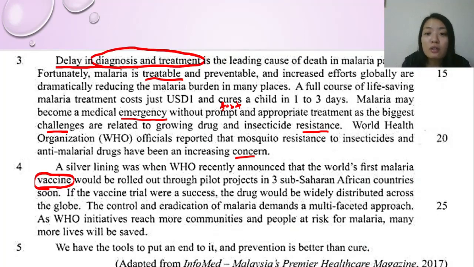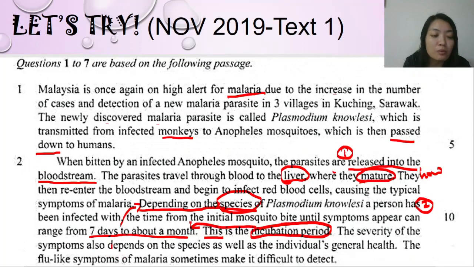So the keyword is actually over here, flu-like symptoms. You have the same one from the question. So it's probably over here. So do malaria and flu have the same symptoms? It says here, flu-like symptoms. That means here it's saying that the symptoms are also like the flu. Right?